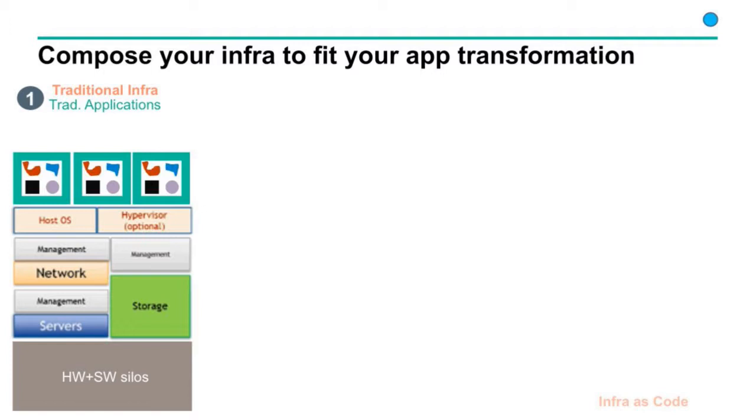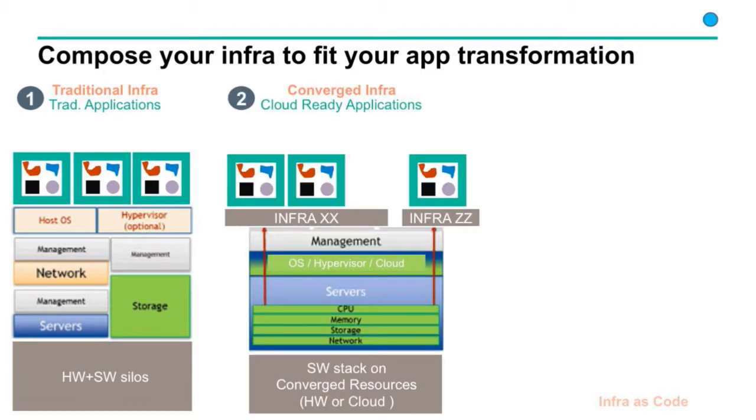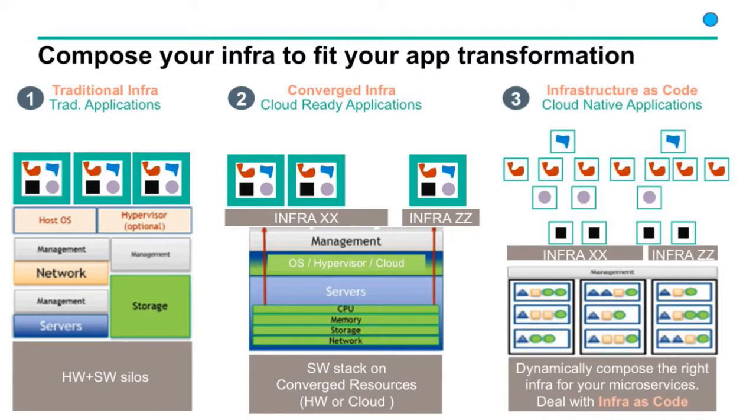But as the move to cloud goes, there's another way in which more compute units are defined, to ensure more portability and more agility of your application execution. But the final goal is really to implement a microservices type of design where your application is split into microservices, and you will be able to leverage the capability either on private or on public cloud to compose your infrastructure based on your microservices requirements.